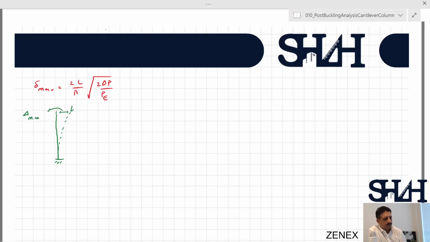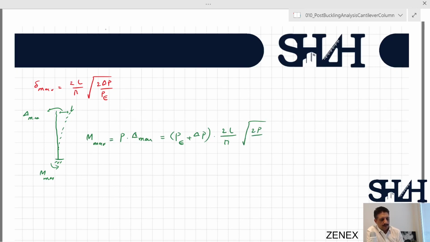So the maximum bending moment will be P times delta max, which is now PE plus delta P times 2L over pi square root of 2 delta P divided by PE.